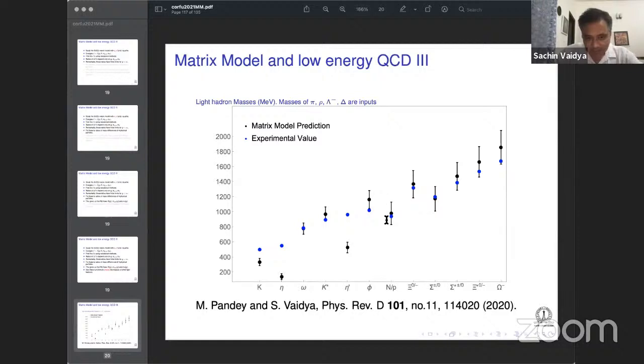In the table of predictions, obviously the pi, the rho, the lambda, and delta are not there because those are the 4 particles that we've used as our inputs. And these remaining particles that you see here are the predictions of the matrix model.